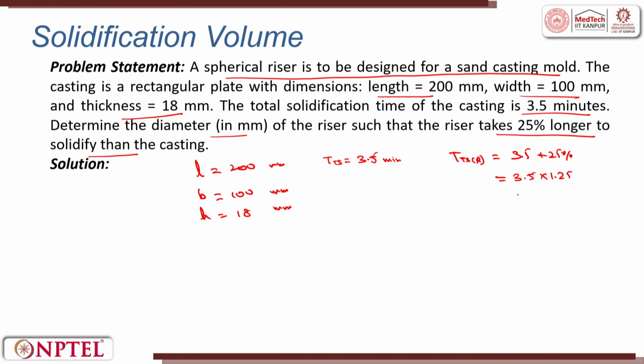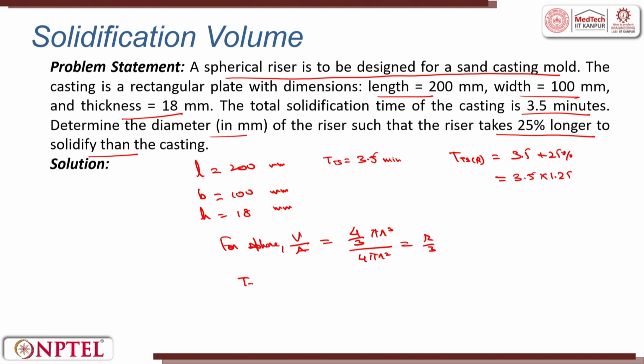Now, for sphere, the V by A is equal to 4 by 3 pi r cube by 4 pi r square, that is equal to r by 3, this we have discussed.